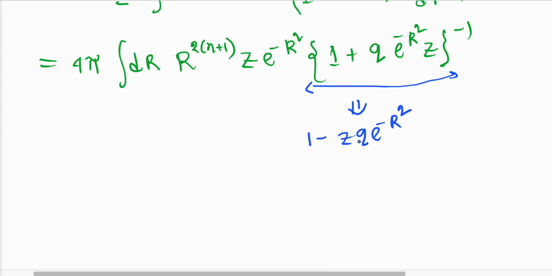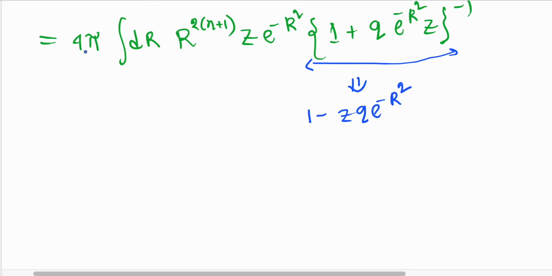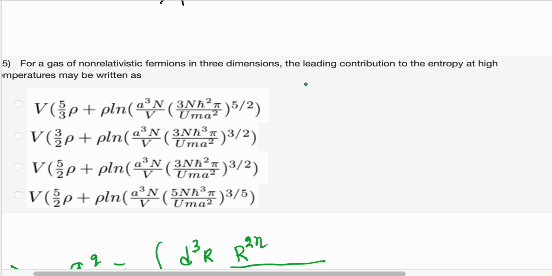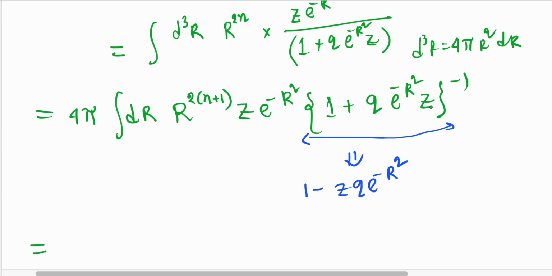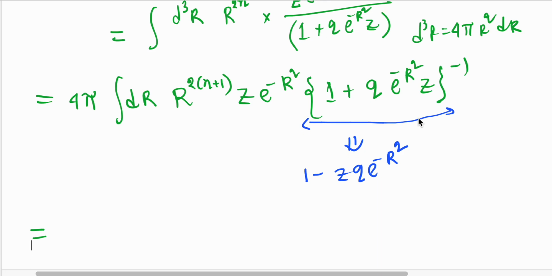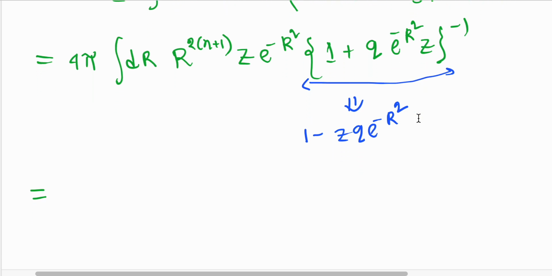Okay, I only kept these two terms. I will not go further. Because I only need the leading order contribution, right? All the others will be higher power in z, and that will contribute less because z is less than 1. So that's why we will not expand it more.